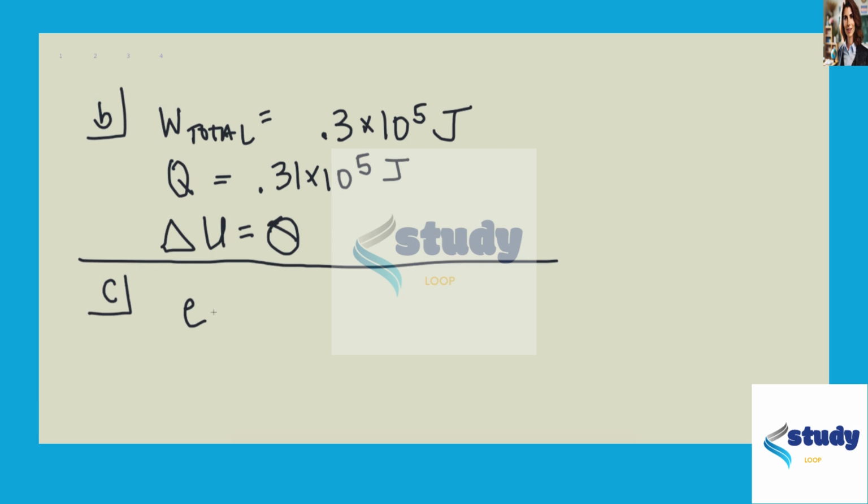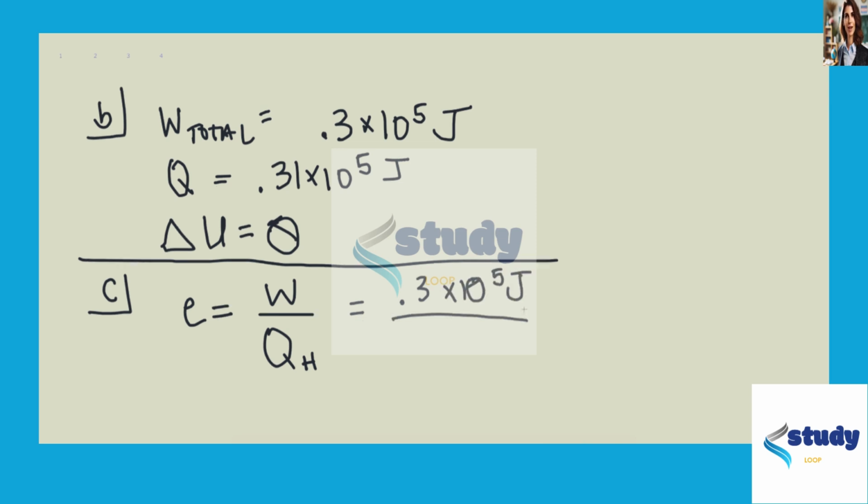Here's part C. So the efficiency is the work divided not by the total Q, only by the processes that produced positive Qs. So for the work, I used just 0.3 times 10 to the 5, that's the total work.